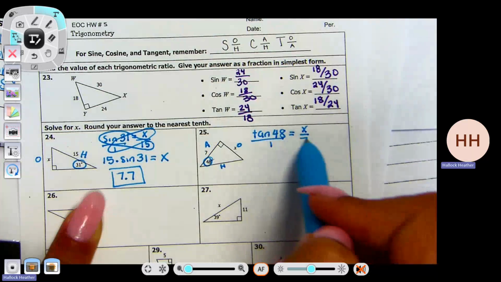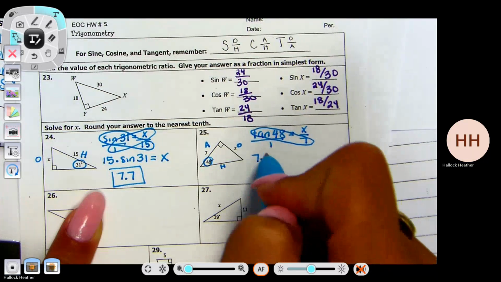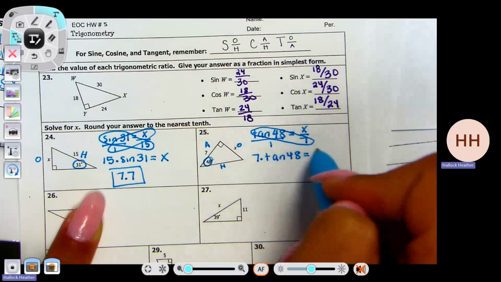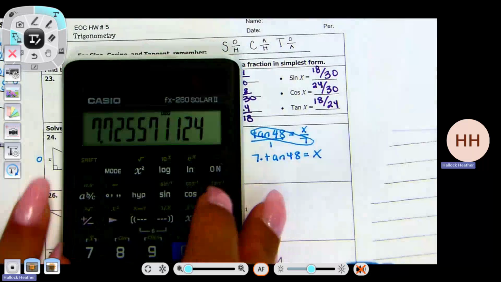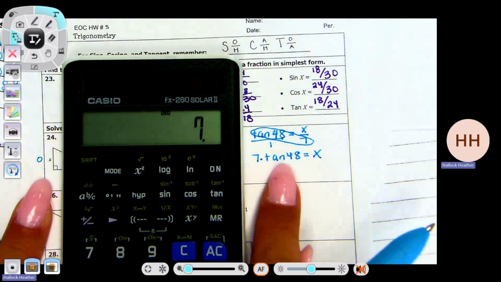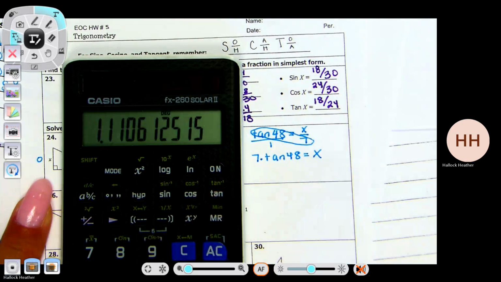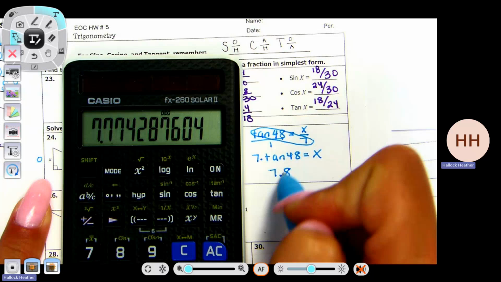So if I cross multiply, I'm doing 7 times tan of 48. The other side is X times 1, which is just X. So once again, this is just a multiplication problem. So in the calculator, I'm doing 7 times 48 tangent. Press equals. So I get 7.8.